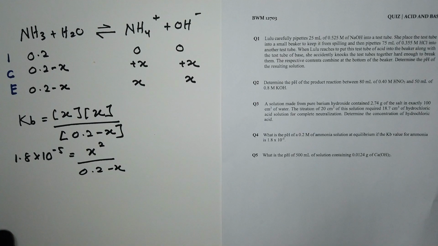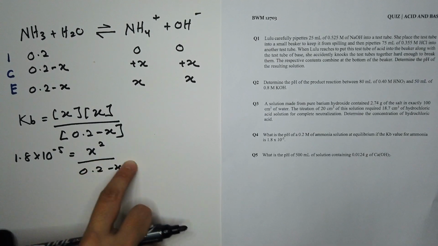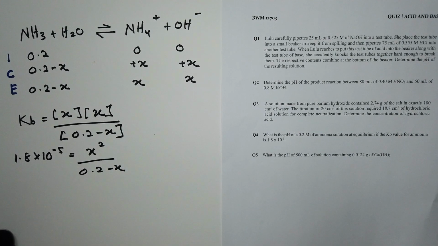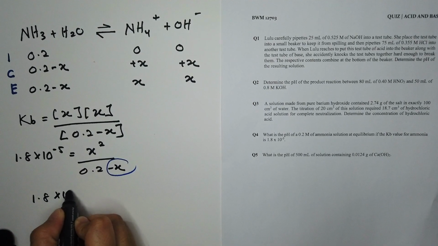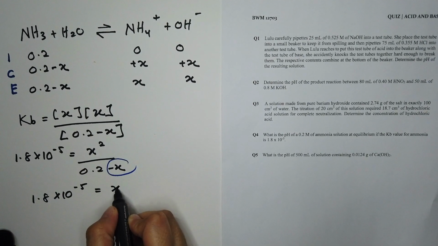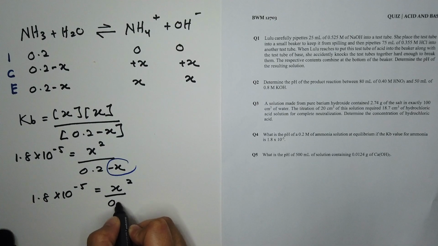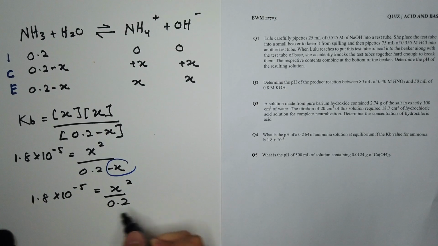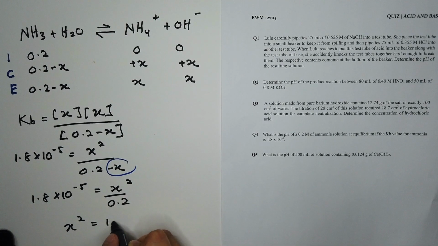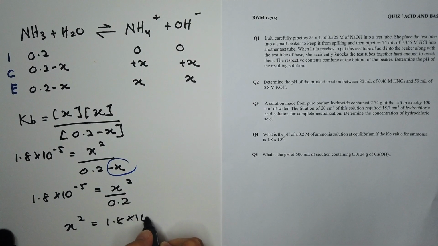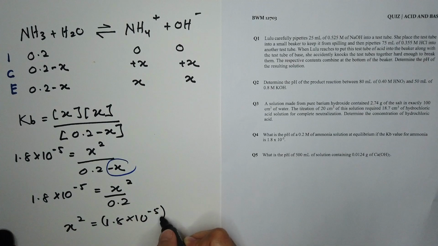So we are going to do the approximation because it's hard. So we are going to omit this x over here. So it's going to be 1.8 times 10 to the power of negative 5 is equivalent to x squared divided by 0.2, right? So you will get x squared equivalent to 1.8 times 10 to the power of negative 5 times 0.2.